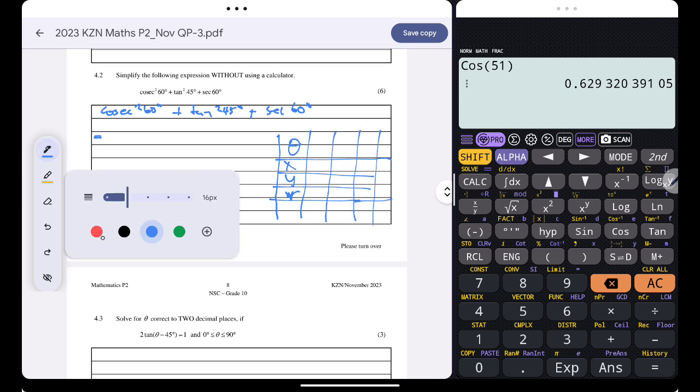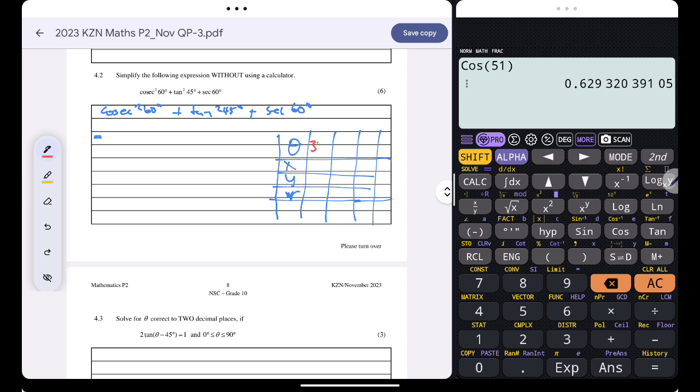How do I do this without a calculator? I know that 30 is my special angle, 45 is my special angle, 60 is my special angle, right? For all these three, I know that r is always 2. And then for both x and y, I'll simply do this.